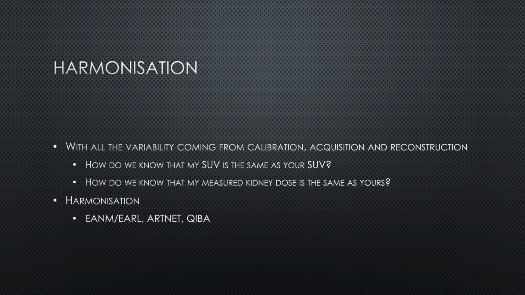And in SPECT as well, we now have harmonization on the agenda. So I'm working with the group with EANM EARL and ARTnet, and RSNA QIBA have previously done work in this area as well. So harmonization is coming, and hopefully we can get more consistent measurements from the scanners across our various centres.